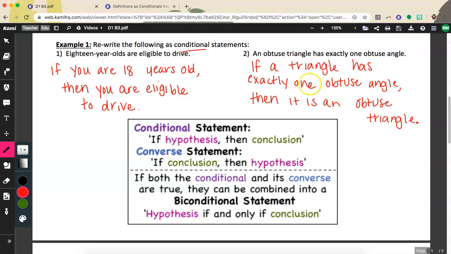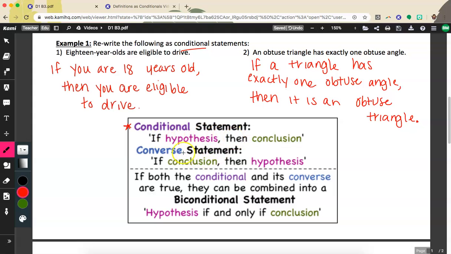Our hypothesis: if it has exactly one obtuse angle, then we conclude it's an obtuse triangle. So those are our conditional statements. That's this first line here, if hypothesis, then conclusion.